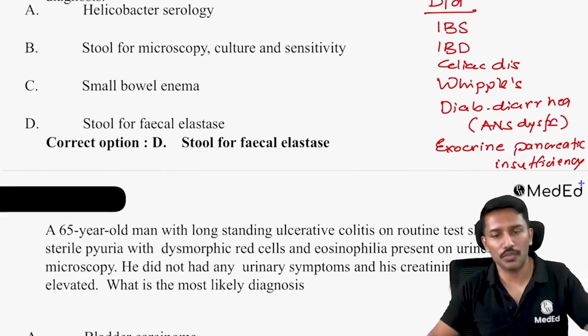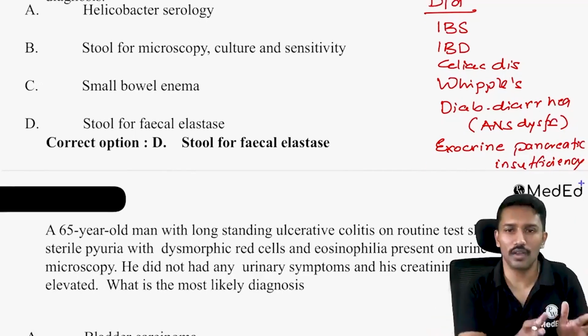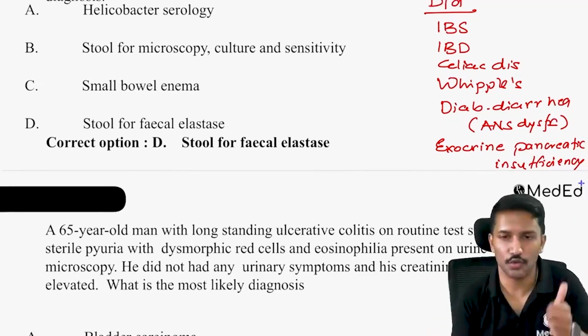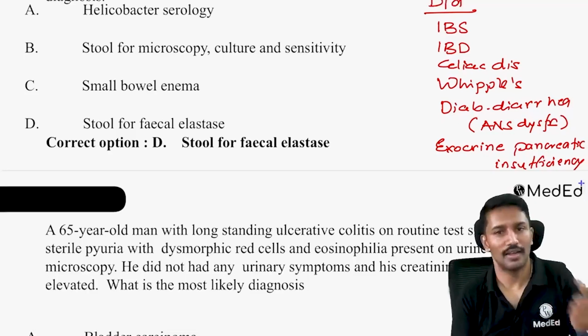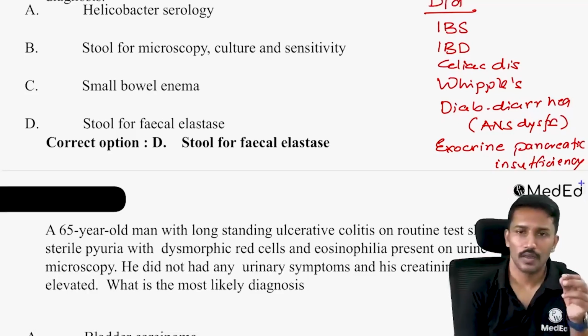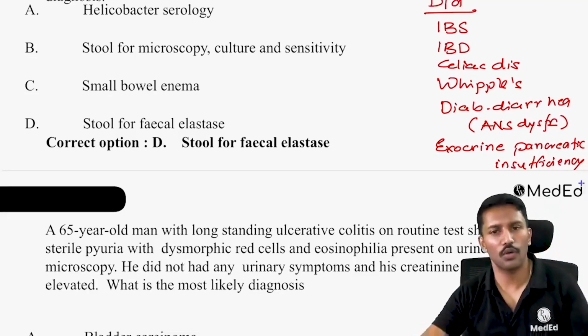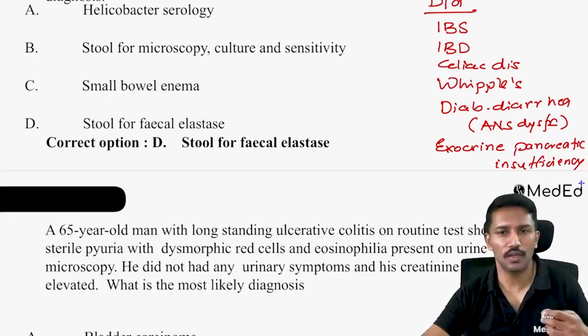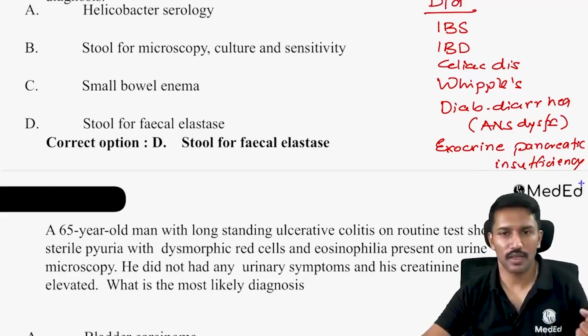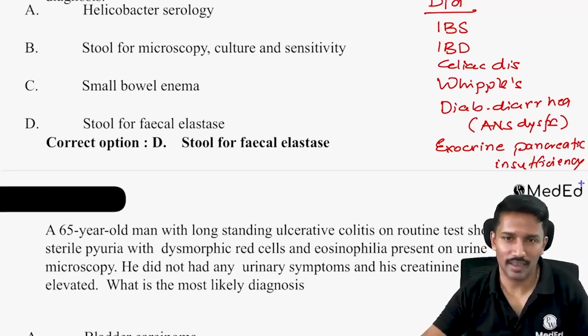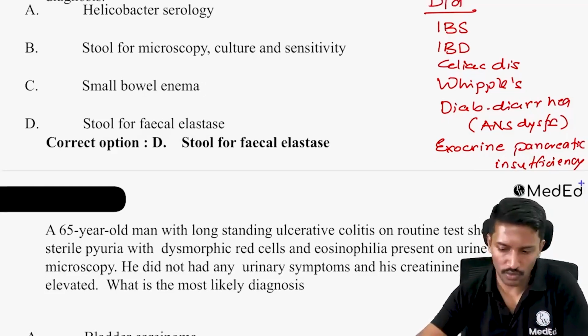If you're not producing sufficient quantity of exocrine output from the pancreas, that is your proteases and lipases, then your fat and lipid absorption will be impaired, right? Digestion will be impaired, and as an outcome, you're not absorbing fat, so you will develop steatorrhea. You're not absorbing proteins, and that will lead to flatulence and diarrhea. So you will have altered bowel habits. So these are all symptoms.